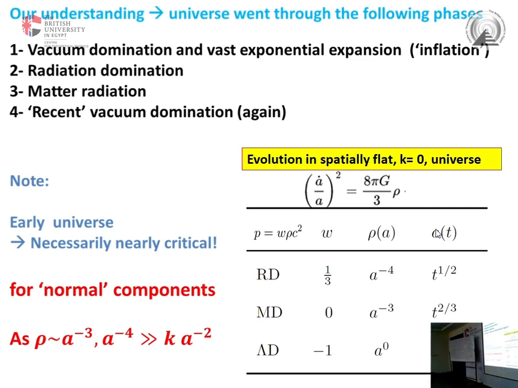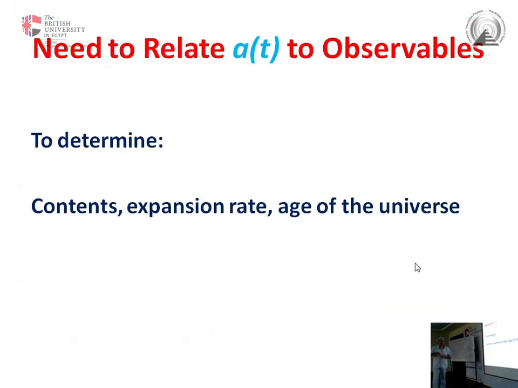And see what values of radiation, matter, cosmological constant and curvature match what we really observe. But then we'll have to define what we observe and how to observe it and relate it to the theory. Once we have done that, we can fix our cosmological parameters, and then say how much dark matter, how much dark energy, and how much radiation, which we know from the CMB directly. It's not important in the late universe because it goes down as 1 over a to the 4. Okay, so this is our topic tomorrow.